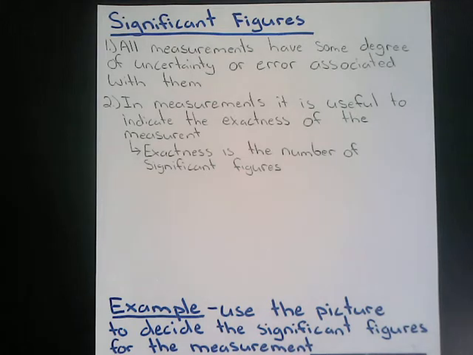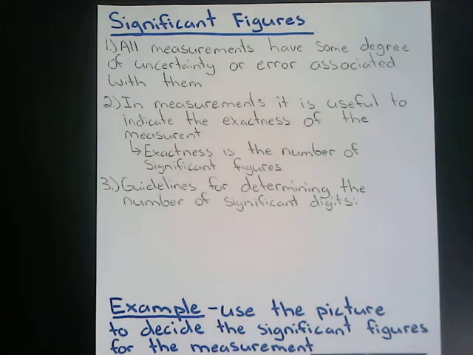We have some generalized guidelines for determining the number of significant figures in a measured quantity. The first guideline is that the number of significant figures is the number of digits known with certainty plus one uncertain digit.